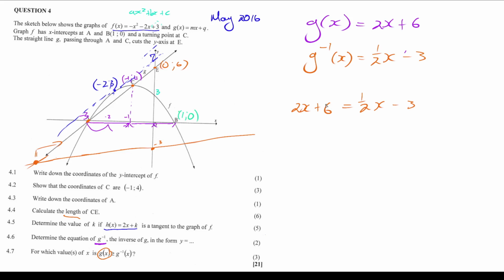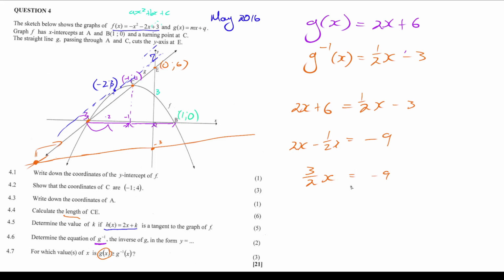And there's 3. I'm going to take the 6 over to the other side. So I have negative 9 on one side, and on the other, 2x minus a half x. So I end up with 1.5x, which is the same as 3 over 2x.